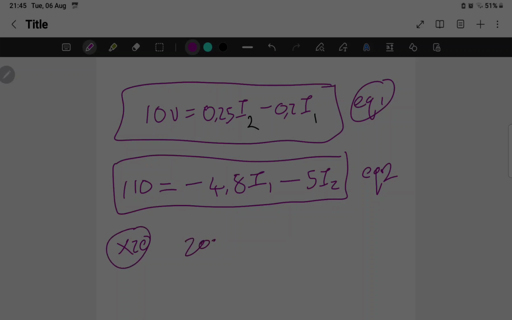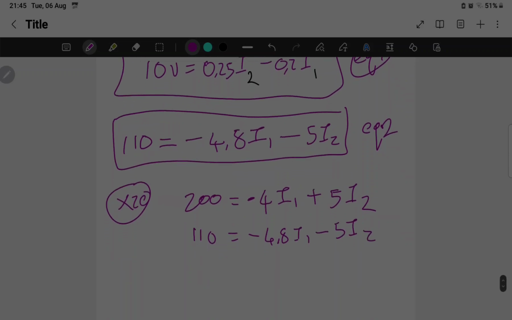So we have 200 equals 0.2 multiplied by 20, so we have negative 4I1, plus 0.25 multiplied by 20 equals 5I2, and then over here we have 110 equals negative 4.8 I1 minus 5I2, right?